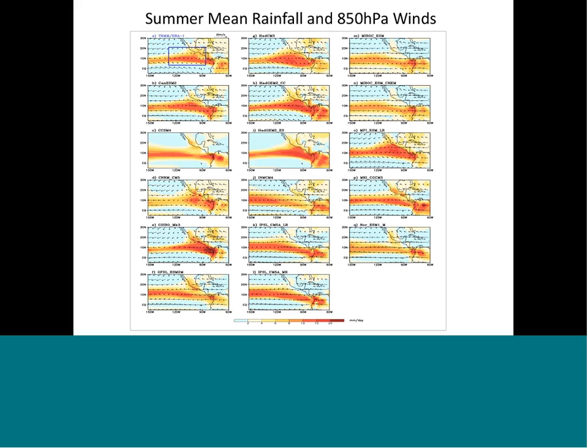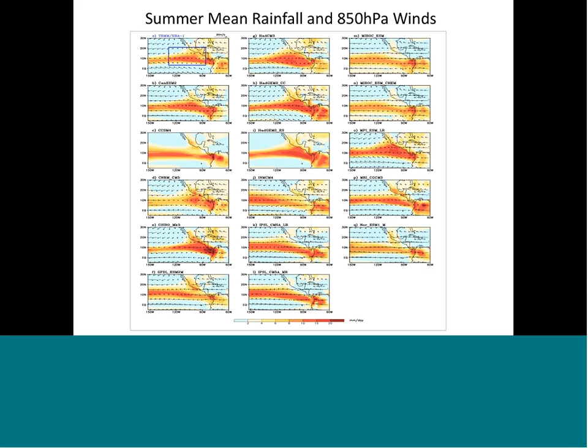And this pattern is relatively well captured by several models. For example, the middle upper panel, the two Hadley models, but several other models show large bias, and they capture very strong easterly mean flow rather than the weak westerly as in the observations.